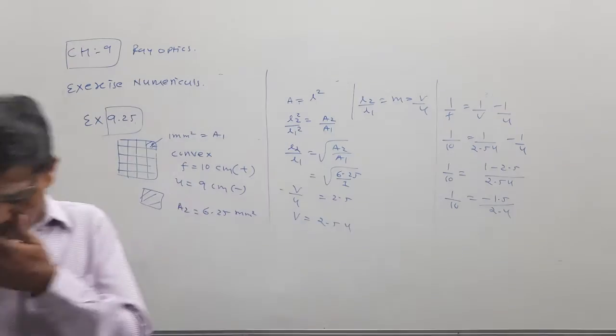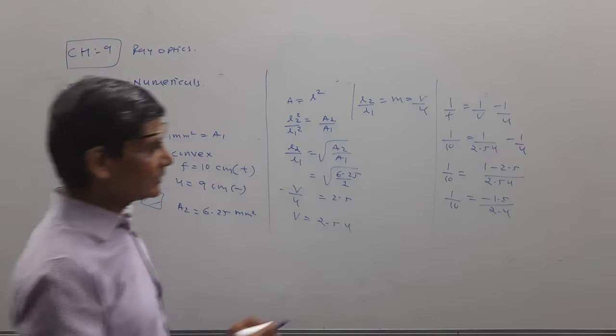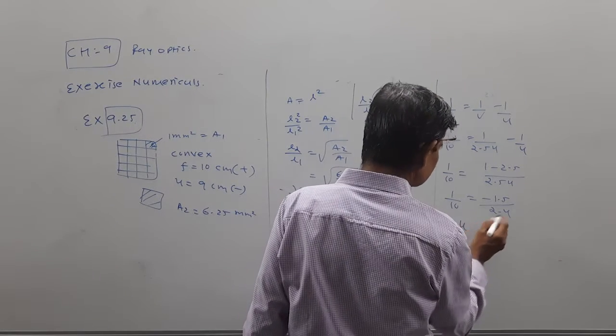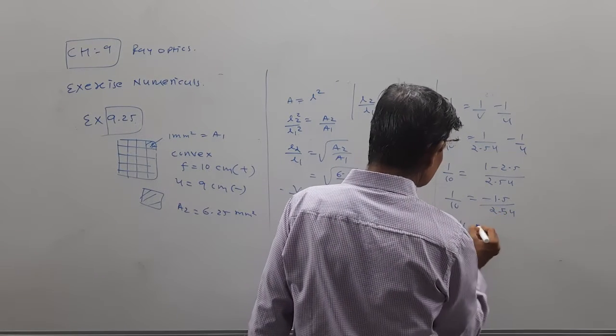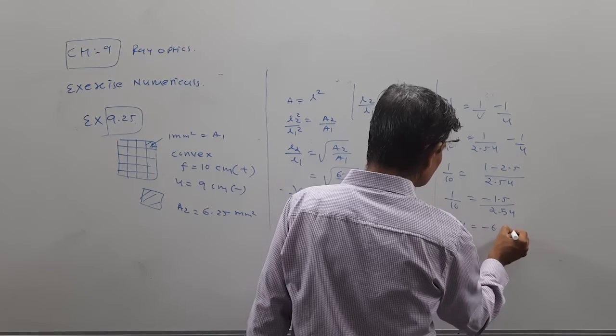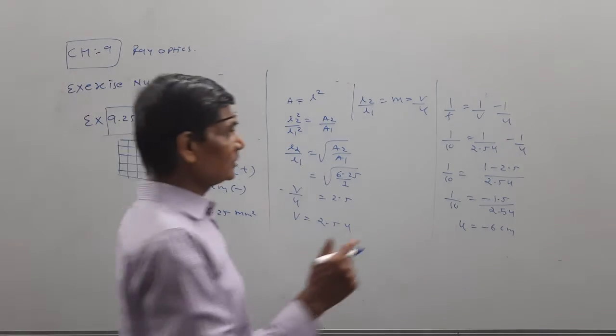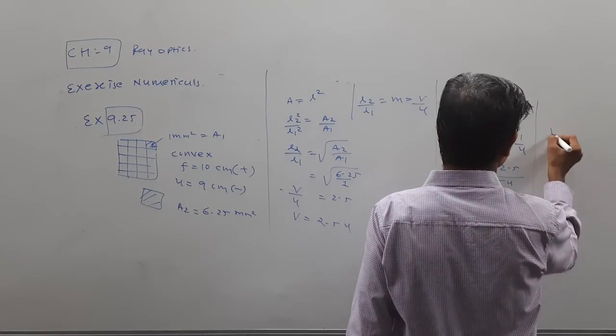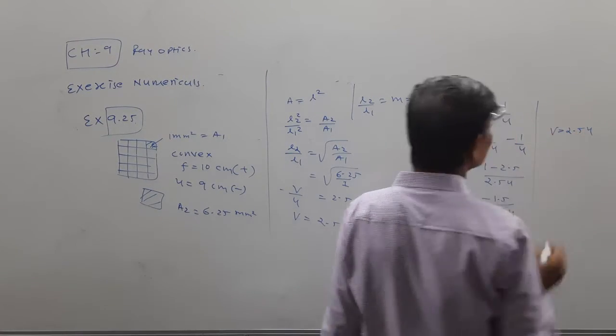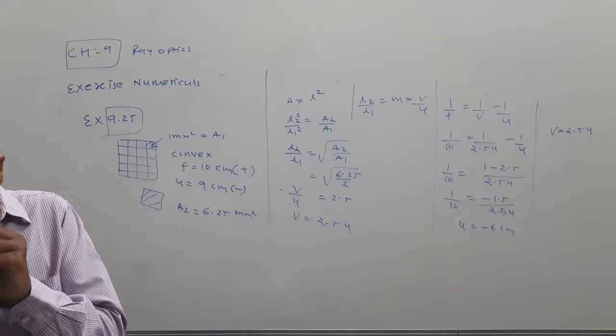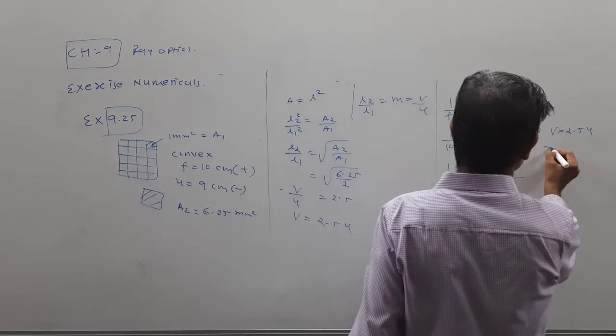Now if we solve, u turns out to be 6 centimeter. Now see the image distance: v is equal to 2.5 u, that is 2.5 into 6.